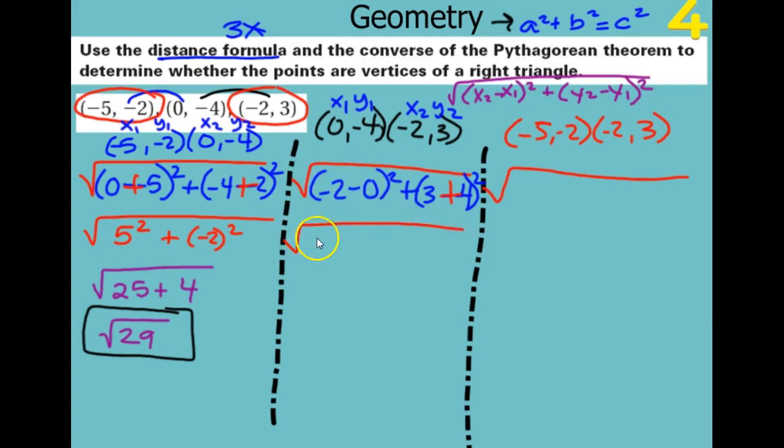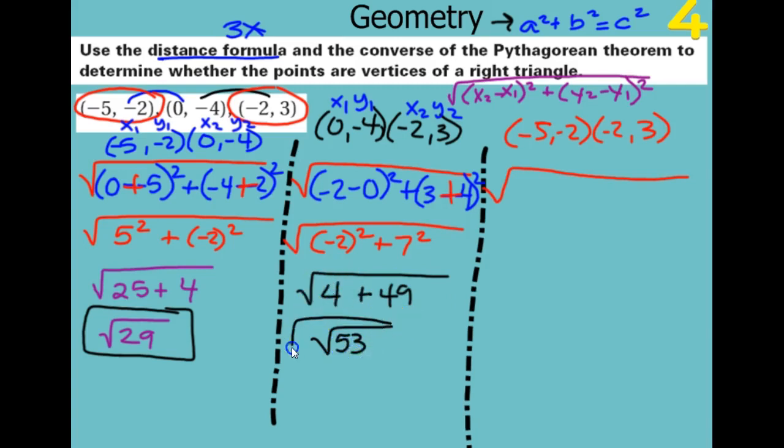So we have -2 minus nothing is still -2. 3 plus 4 gives me 7, so it's 7 squared. In simplifying even more, a negative times a negative makes a positive 4, plus 7 times 7 is 49. So altogether, we really have 49, 50, 51, 53, square root of 53.